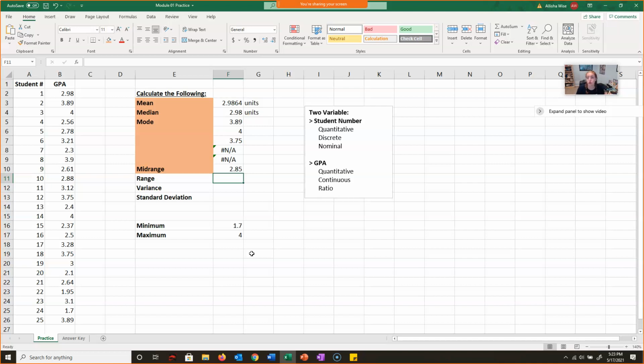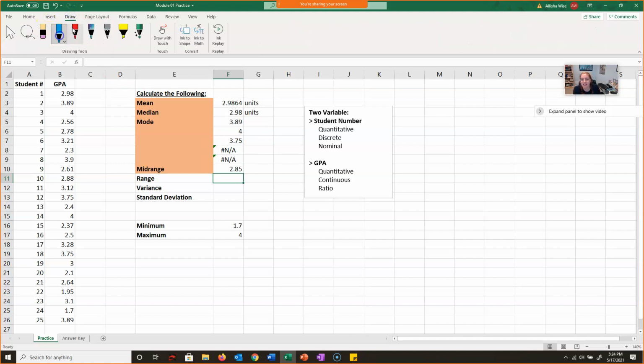Essentially, if we wanted to draw this, I like to draw on mine, so it's always fun. Here's our min, which is 1.7. Here's our max, which is 4. So the value that's right in the middle is going to be our mid-range.